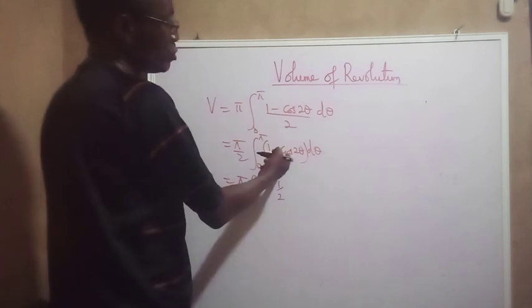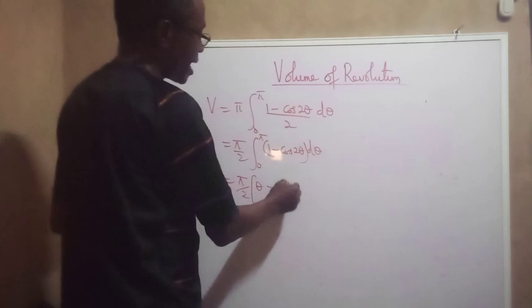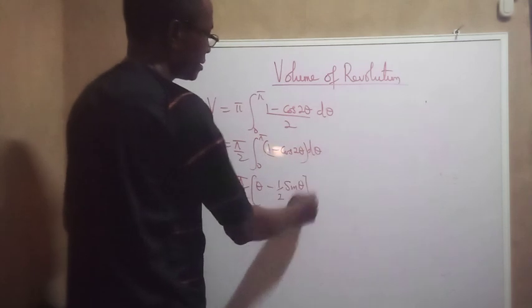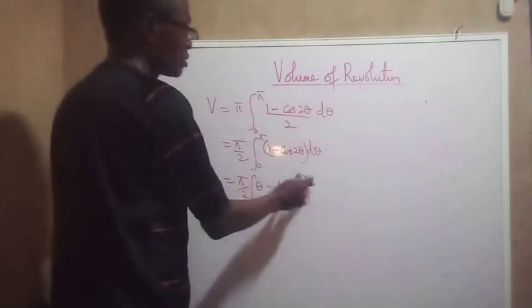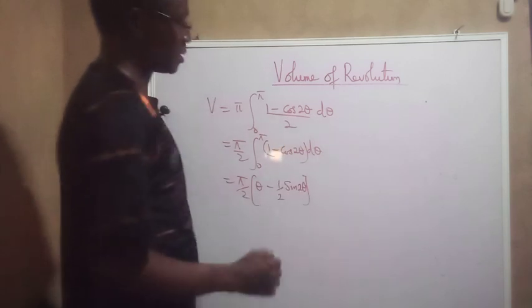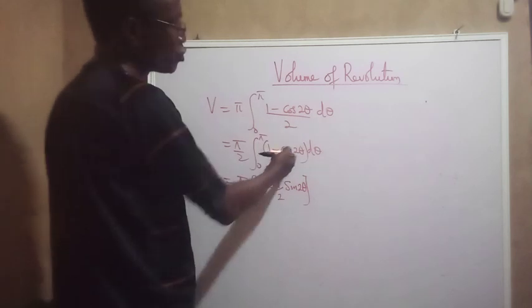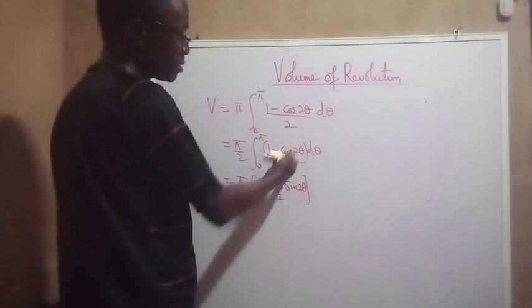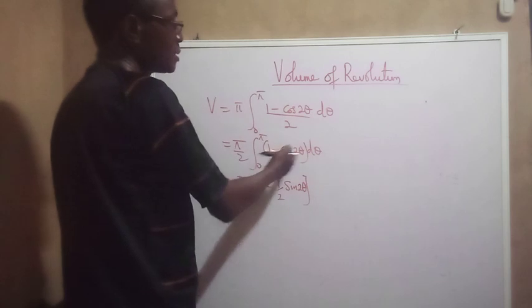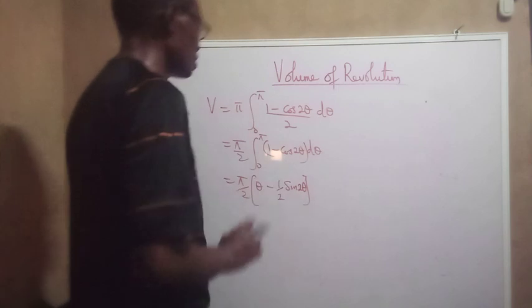Now, when you integrate cos theta, like I just said, it's going to be sine theta. That is it. But because it is cos 2 theta, it will be sine 2 theta. If it were ordinarily cos theta, it will be sine theta. But now it is cos 2 theta. First of all, divide by this constant 2, 1 over 2. Then, since it is cos 2 theta, it will give you sine 2 theta. That is how it is done.